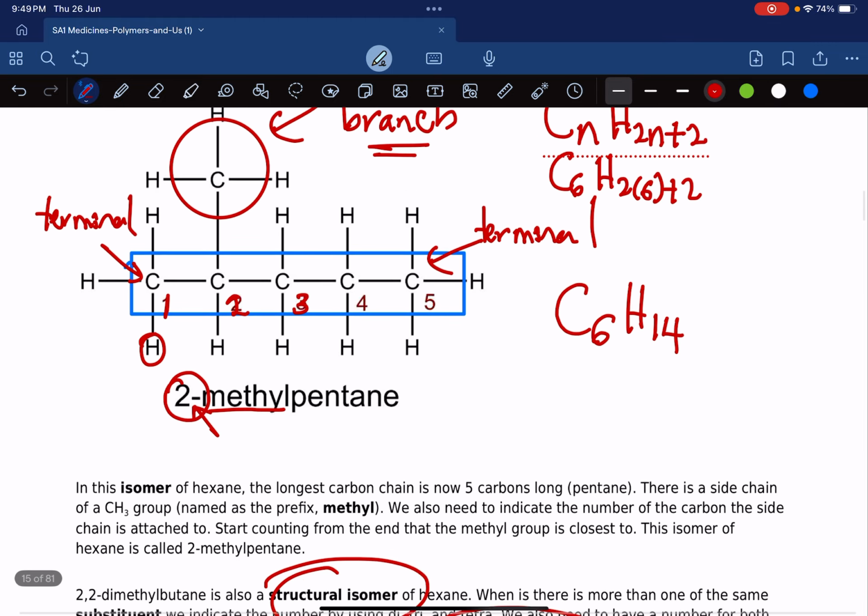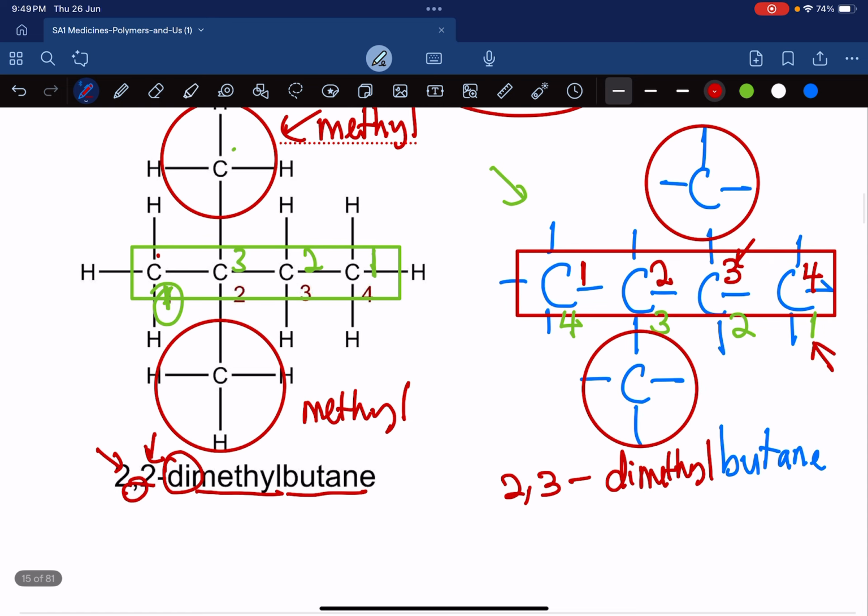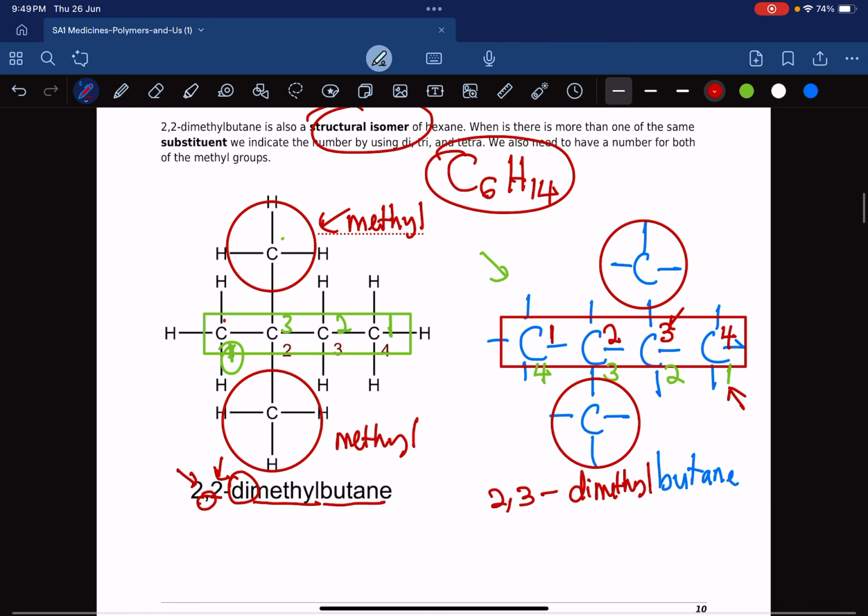So you see, in this case, 2-methylpentane, 2,2-dimethylbutane, 2,3-dimethylbutane, all of them have the same molecular formula, meaning they are all structural isomers of each other.